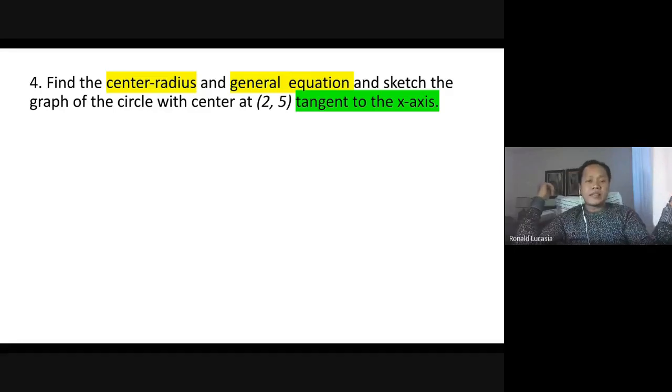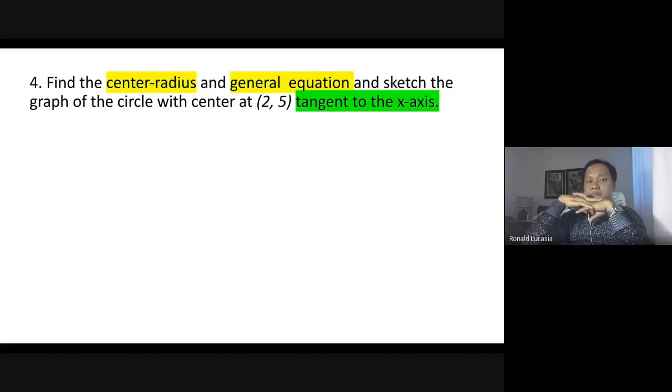A tangent is a line that will touch the circle at exactly 1 point. So how do we solve this one, number 4? The center radius and the general form, we only have the center of the circle, which is (2, 5). We don't have the radius.